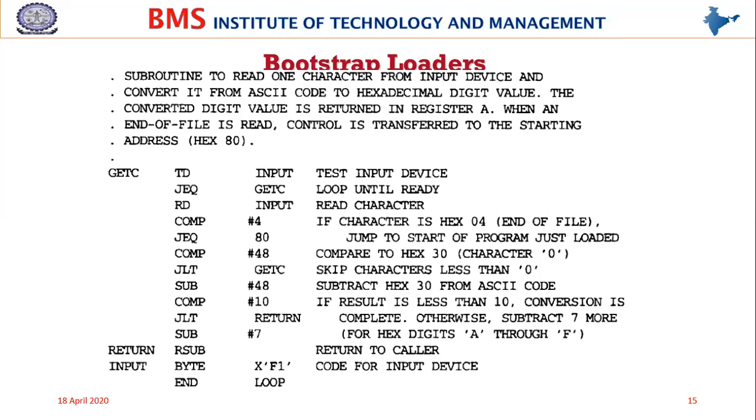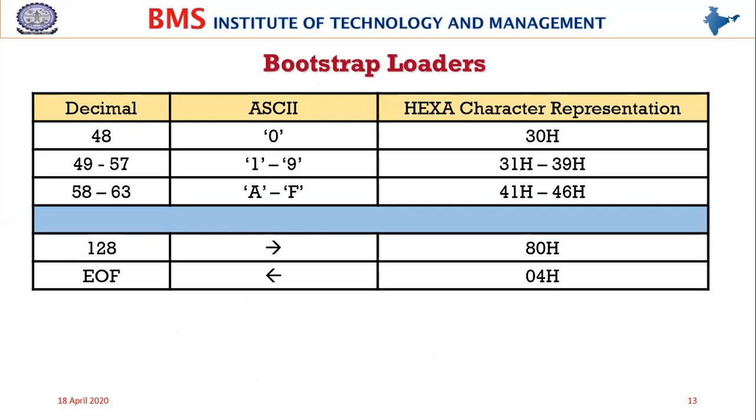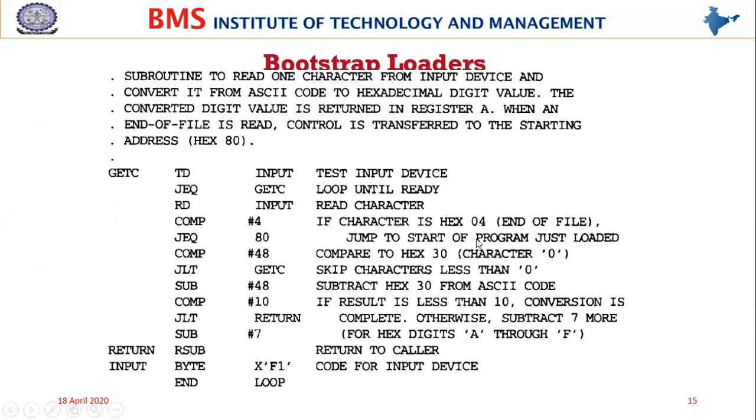Then, if it is not equal, it works like an else-if statement. Compare the contents of the accumulator with #48. Here 48 represents 0, which is 30 in hexadecimal. So we are checking whether the character we have read is 0.